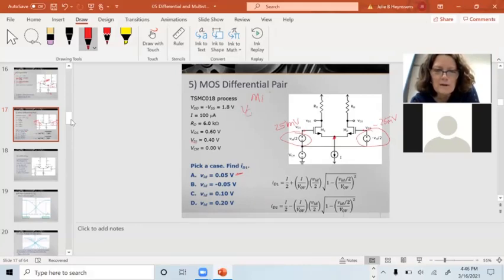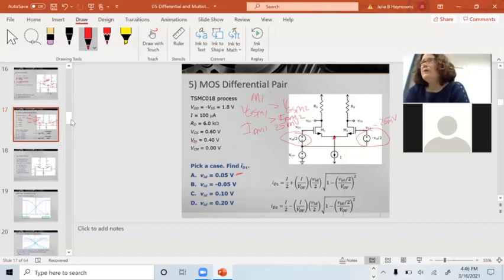Let's write this like this. VGS of M1 is greater than VGS of M2, which means, when I look at the saturation current equation, if VGS is higher, then ID of M1 also has to be greater than ID of M2.